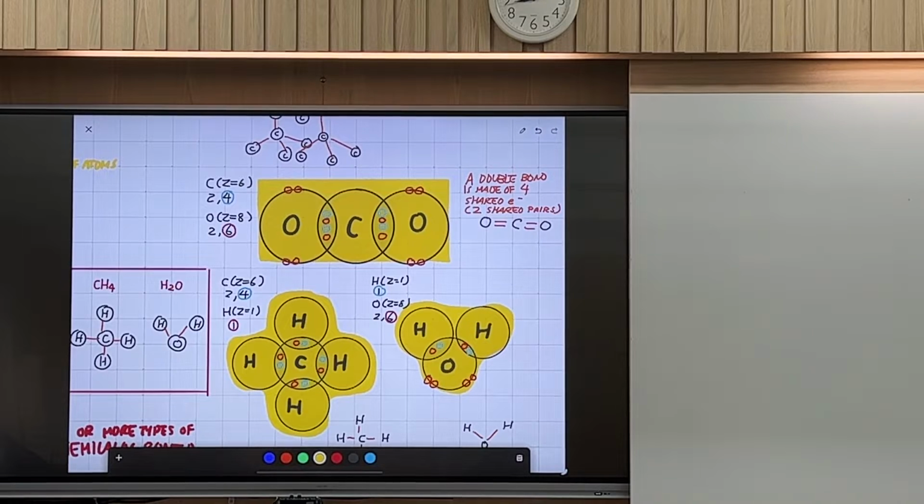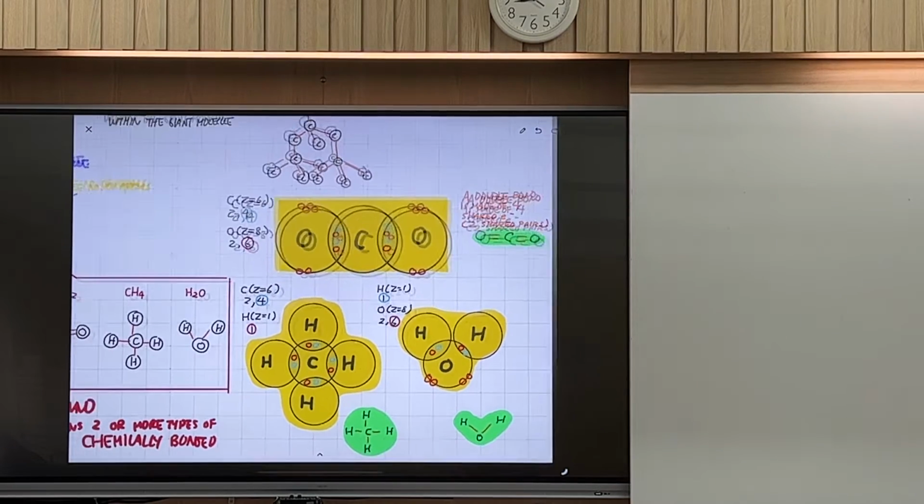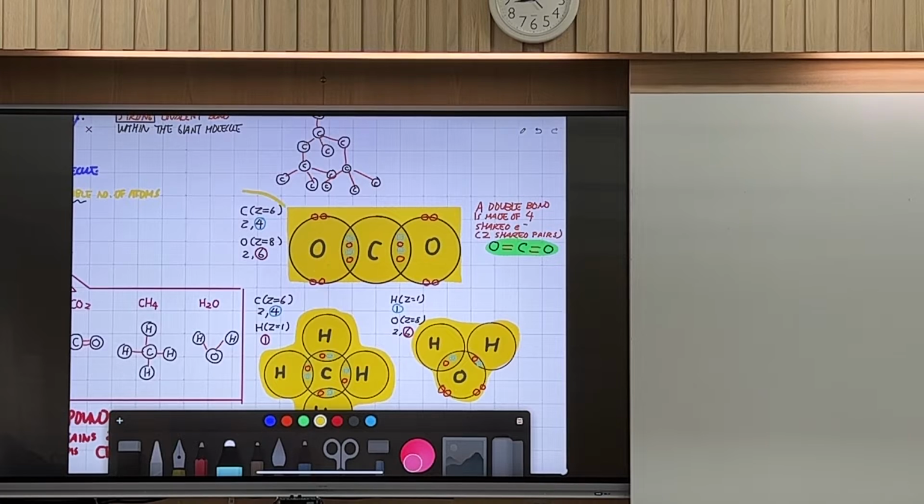These structures on the side, we call them structural formula, as they only show you the bond between the atoms. So pay attention to the wording in the exam. When they ask you for electron dot cross structure, they mean these in yellow. When they ask you for structural formula, they mean these.